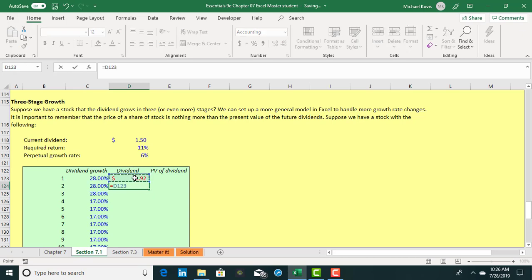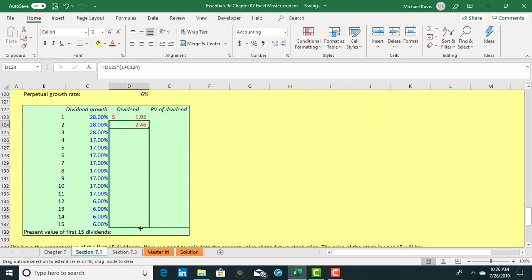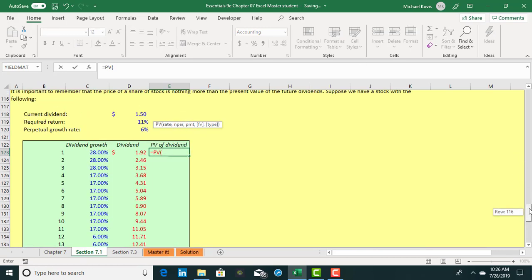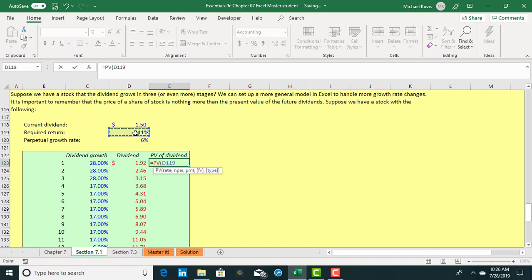And then our future value is the dividend. So I can drag that all the way down. So if I sum up the present value of my future dividends, $42.20 is what all these future dividends are worth.